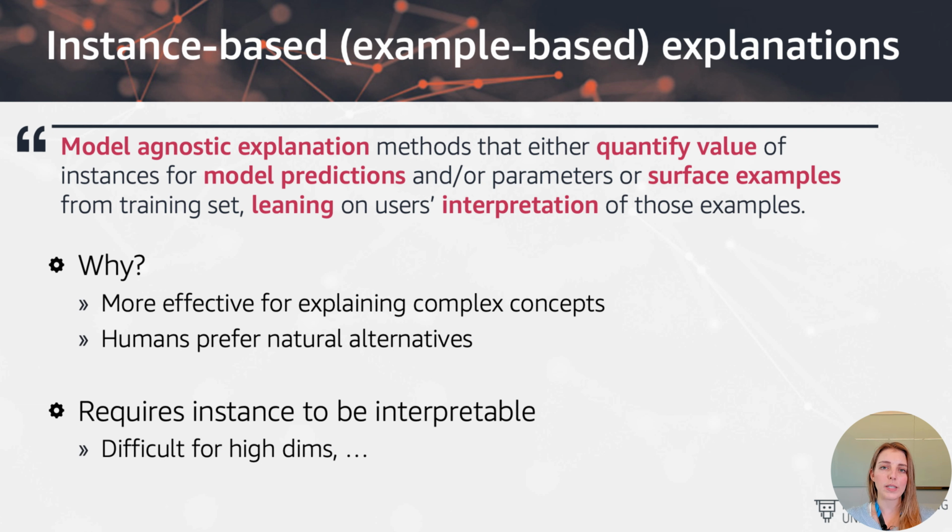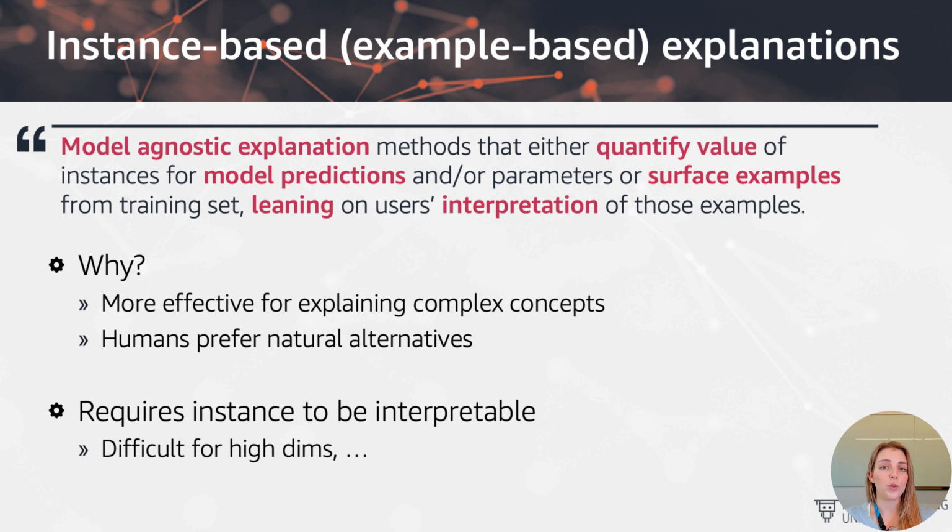The next type of explanation method that I want to talk about are so-called instance-based or example-based methods. And example-based methods are model-agnostic explanation methods that either quantify the value of instances for a model prediction or the parameters of the model, or surface examples from the training set, leaning on users' interpretation of those examples.